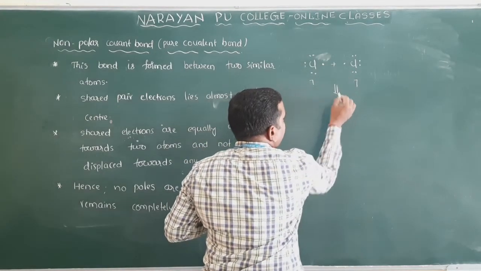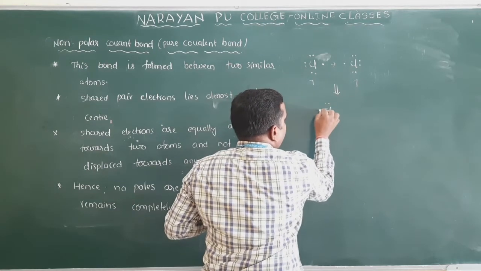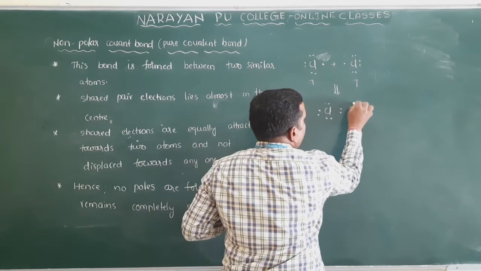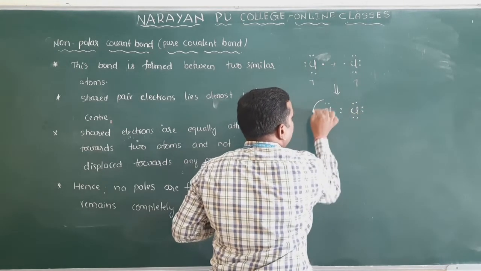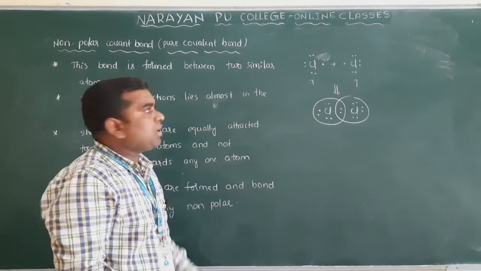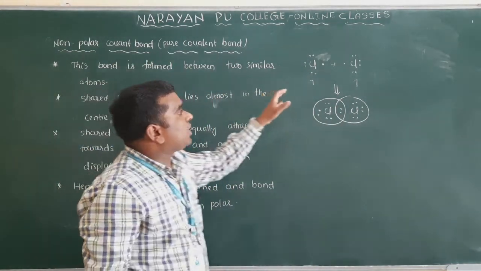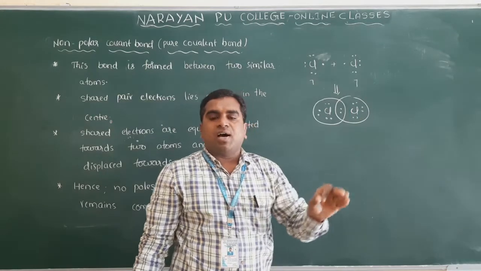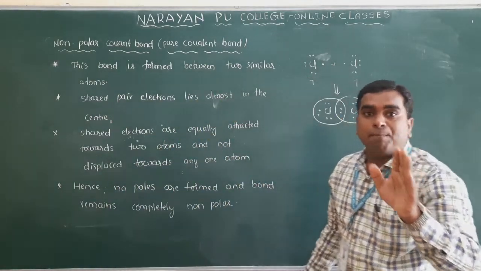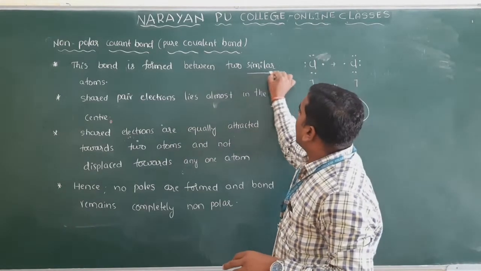Then you will get chlorine with one shared pair and 2 more pairs of electrons, so both are getting an octet. This pure covalent bond is formed by the mutual sharing of electrons between two similar atoms.